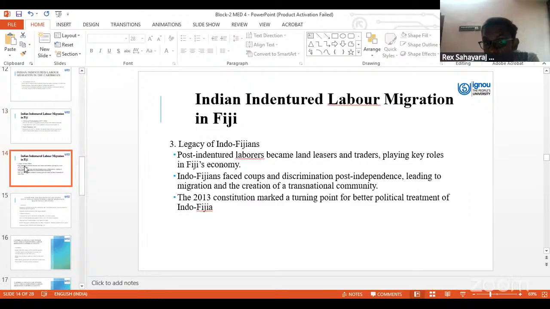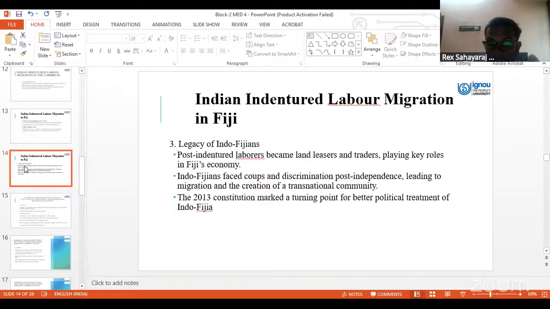And the legacy of Indo-Fijians: post-indentured laborers became lessees and traders, playing key roles in the Fiji economy. Indo-Fijians faced discrimination and mob violence after independence, leading to migration and the creation of a transnational community.